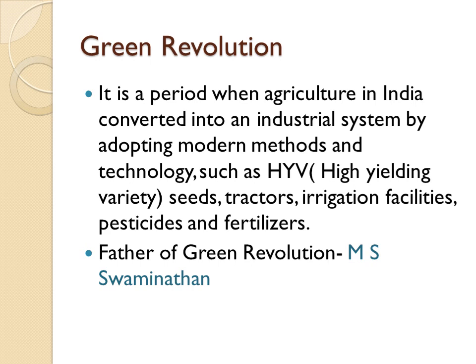It was a period when agriculture in India was converted into an industrial system, where new methods of production were introduced in agriculture, such as HYV seeds, tractors, and new modern technologies, to yield the agricultural produce at its maximum so that the basic requirement of food could be met for the large, growing population of the country.